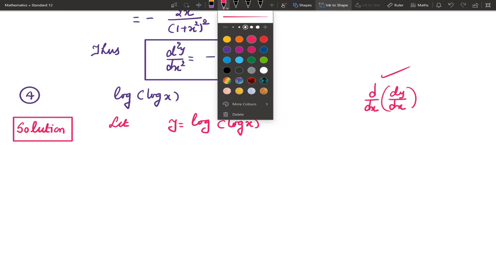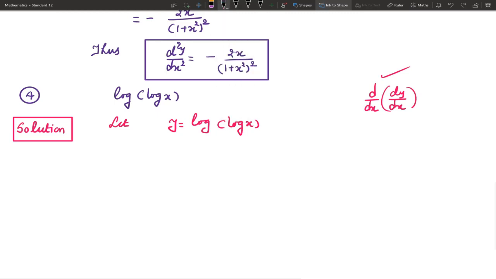So dy by dx, now the derivative of log x is 1 upon log x, using the formula d by dx of log x is 1 upon x.